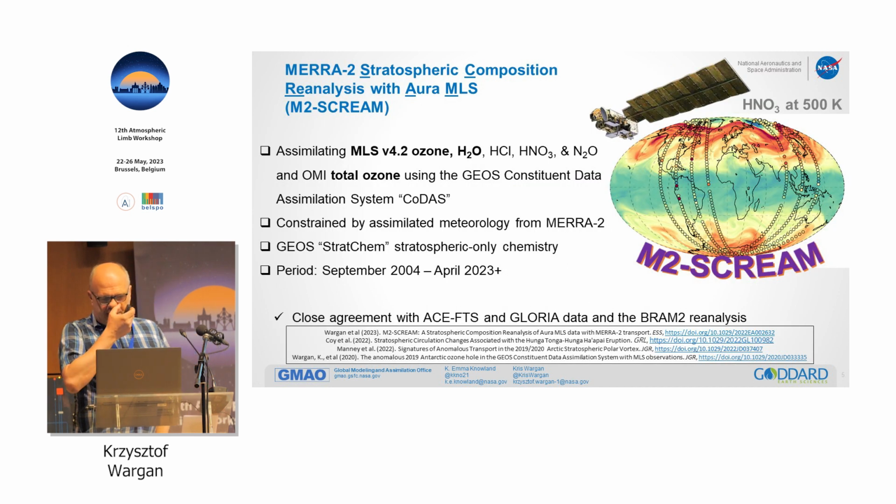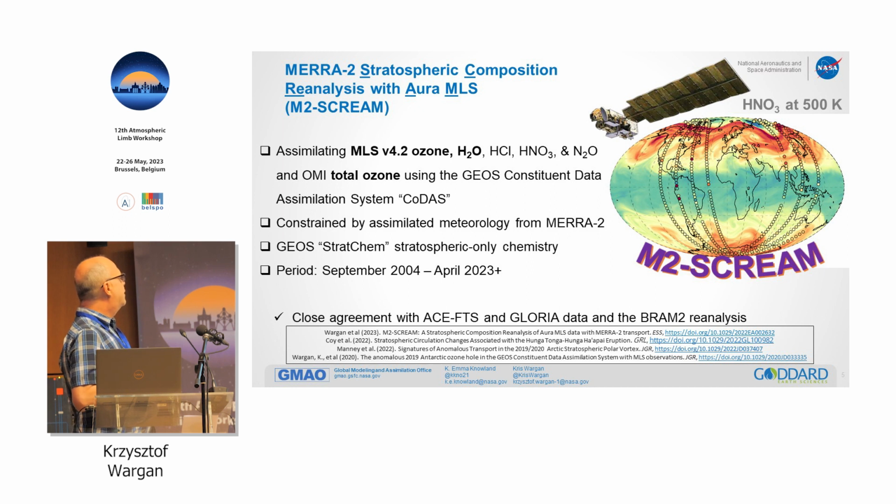So the second product that we have, and I won't spend much time on this because I have another talk just on this, is M2-SCREAM, stratospheric composition reanalysis of Aura MLS, where we assimilate a bunch of constituents from MLS. The meteorology dynamics is constrained by MERRA-2, so we don't re-assimilate meteorology.